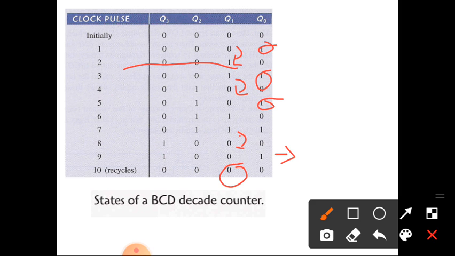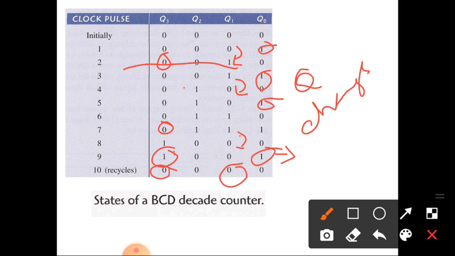So we need an additional condition: when Q0 is 1 and Q3 is 1, it will not change. But when Q3 is equal to 0 and Q0 is equal to 1, then Q1 changes state, otherwise it will not change.